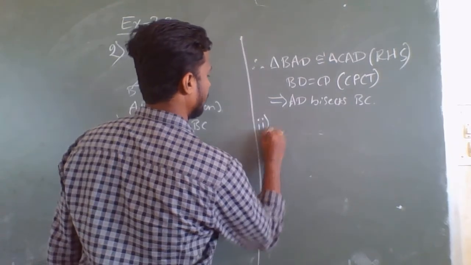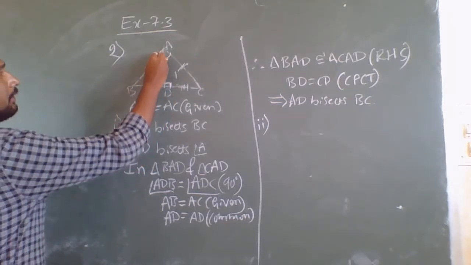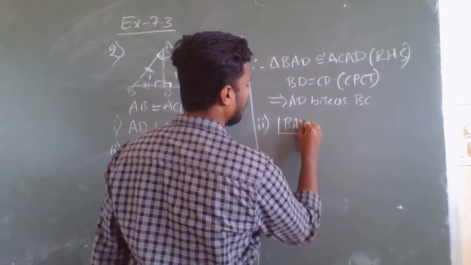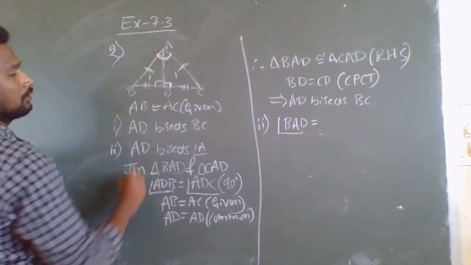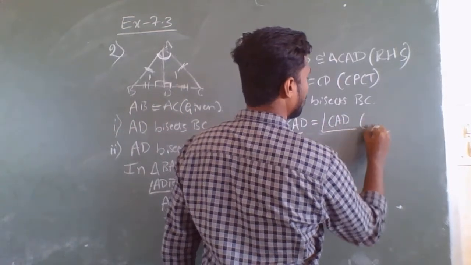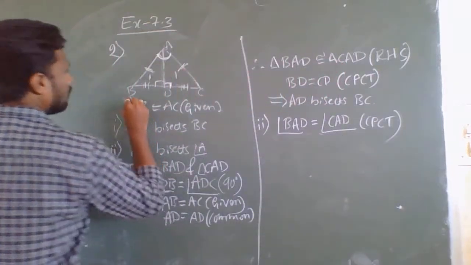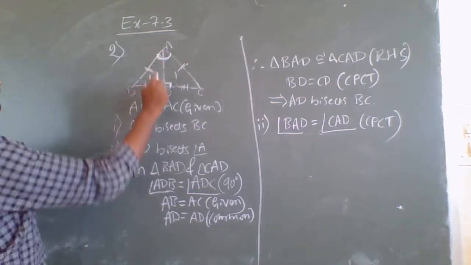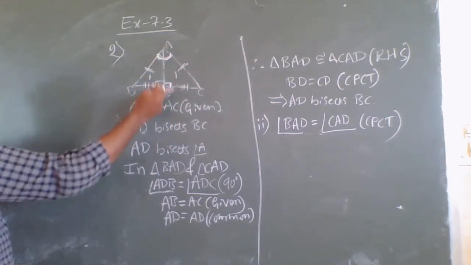Here I will write it as second. To prove angle BAD is equal to angle CAD, because of CPCT. Here BAD is the angle in triangle BAD, and CAD is the angle in triangle CAD.